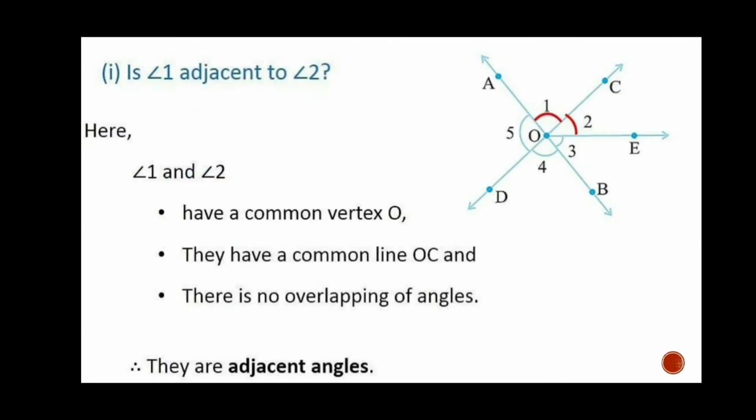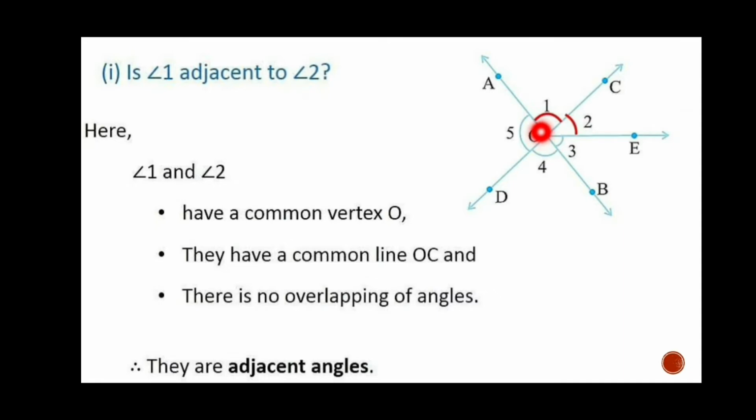You can see that the common vertex in angle 1 and angle 2 is O, and we have learned the properties of adjacent angles: they should have a common vertex, they should have a common side, and there should be no overlapping of the angles. It means both the angles should be separated.